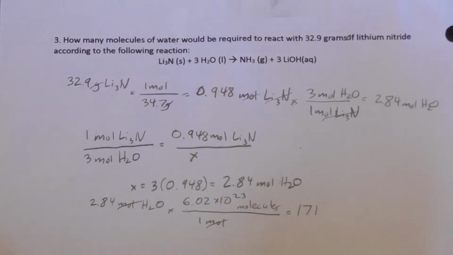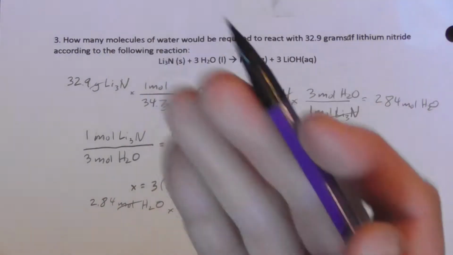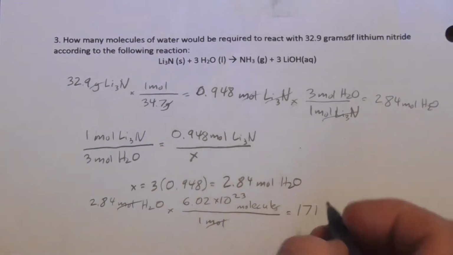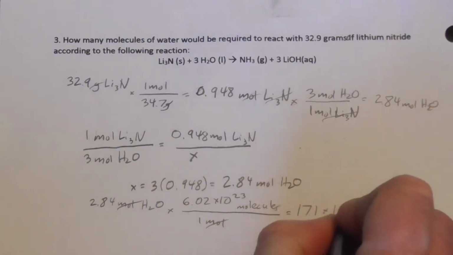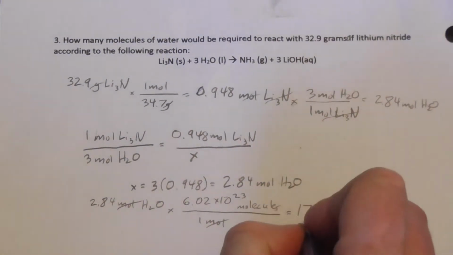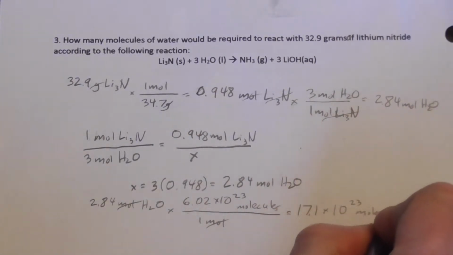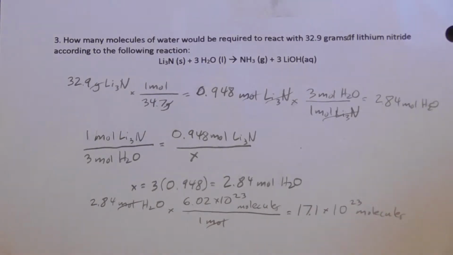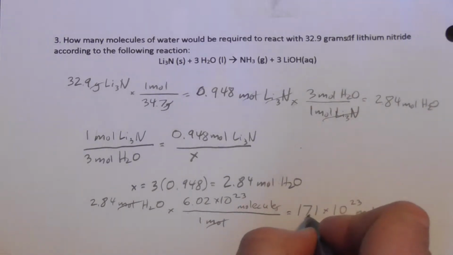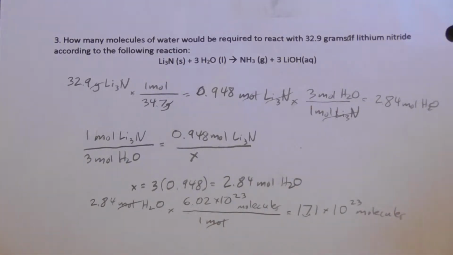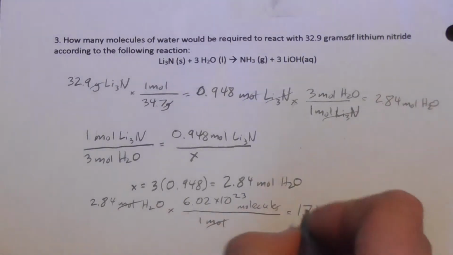I can't expect to just get 17.1 molecules. You've got to think about what you're doing. Do not leave out that 10 to the 23rd molecules. Now this is 17.1 times 10 to the 23rd molecules, which is not in proper scientific notation. Scientific notation has to be a number between 1 and 9.9 repeating, basically 10.